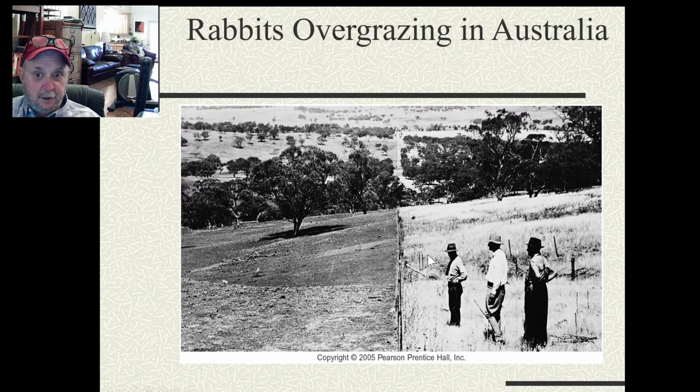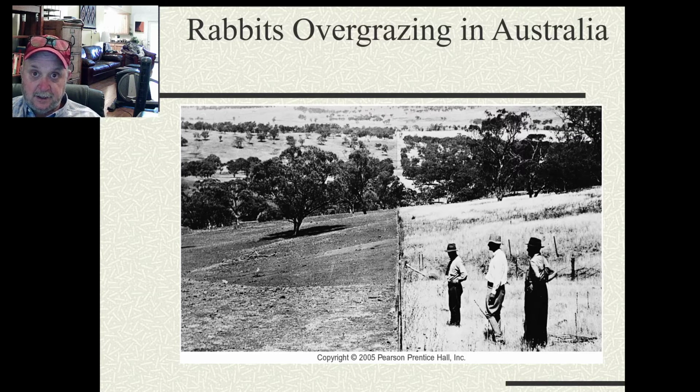This is an example in Australia. Years ago, in the 1940s, they brought rabbits to Australia so they could hunt. Well, there's no natural predators to rabbits in Australia, and all the jokes about rabbits are true. They do reproduce a lot, and they became almost billions in number, and they ate everything, and they destroyed the habitat.